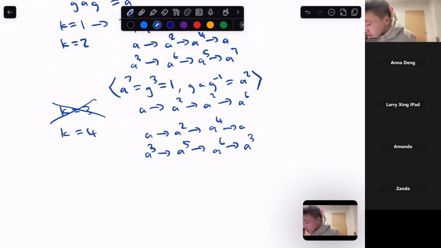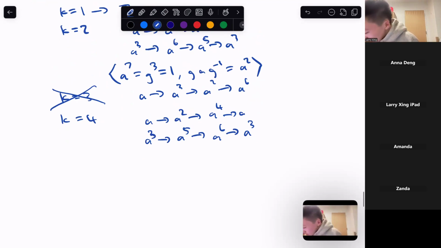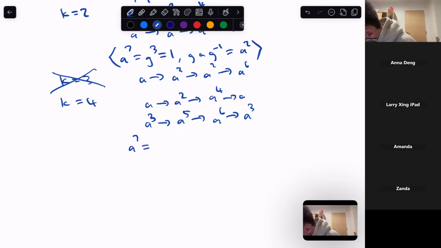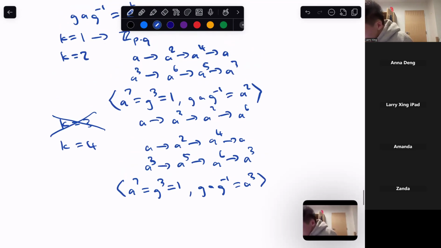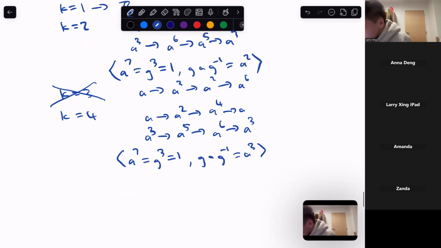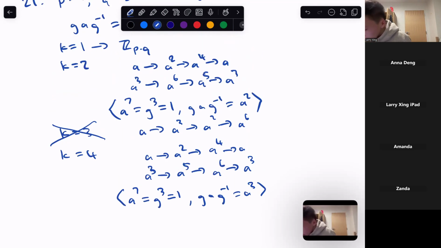So this might generate another group, where A^7 equals G^3 equals 1 and G^-1 equals A cubed. However, the problem with this is that this actually doesn't generate another group. The reason is that we can find an isomorphism from this group over to the previous group, where you might notice, oh wait, this should go 4 to 2.